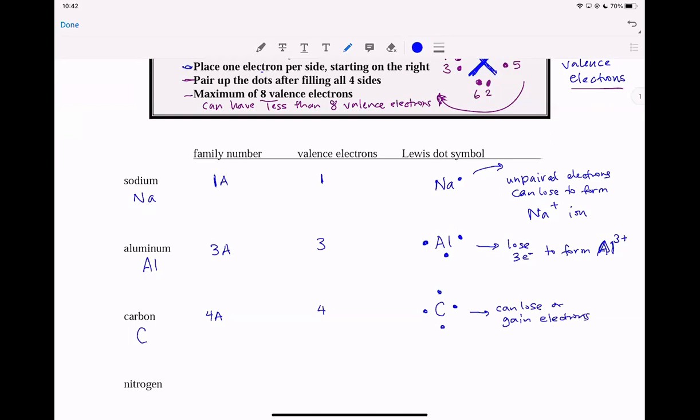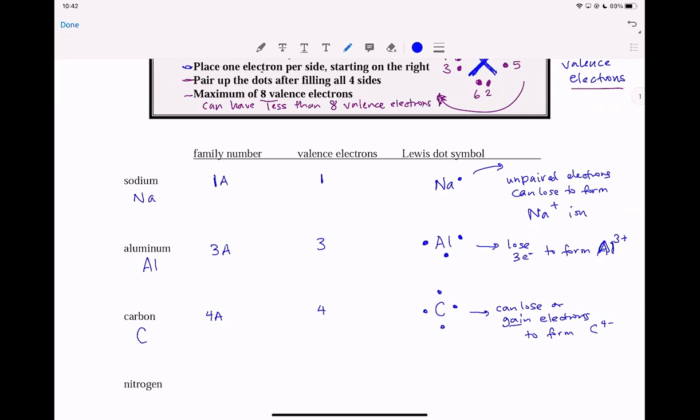And this would be all 4 electrons. And most commonly, it will form the anion C4 minus. As a non-metal, it tends to pick up electrons, gain electrons, and form the negative ion.